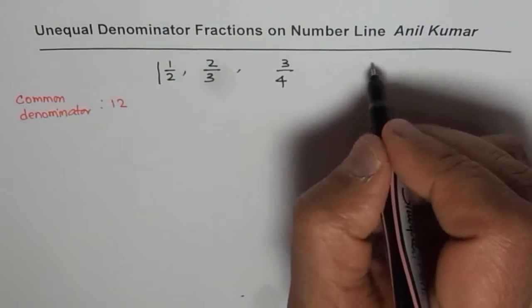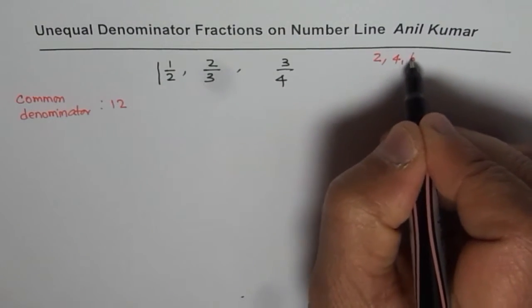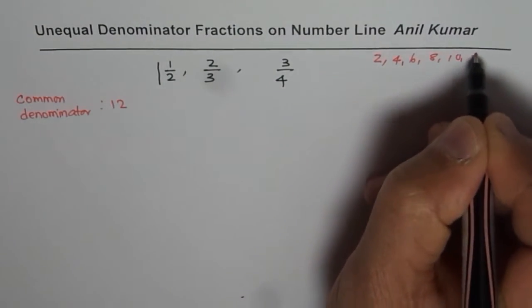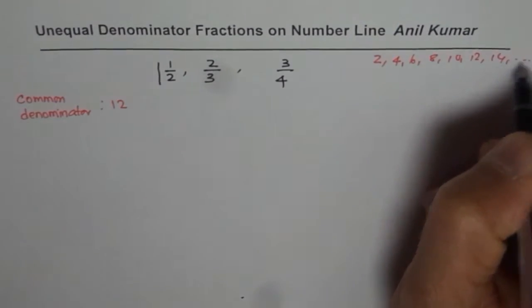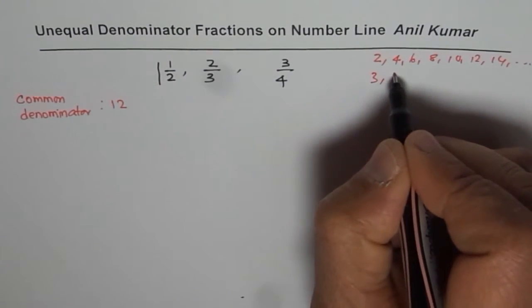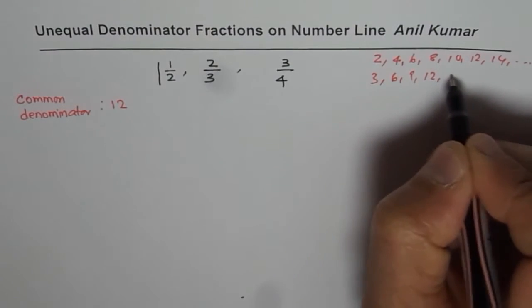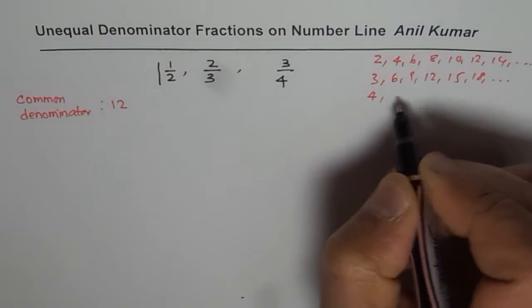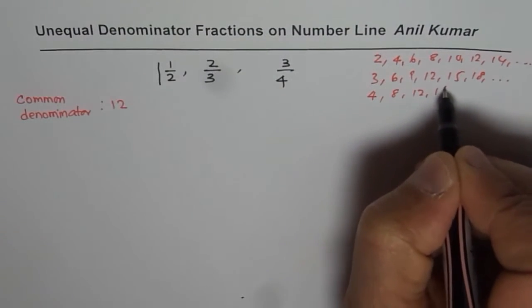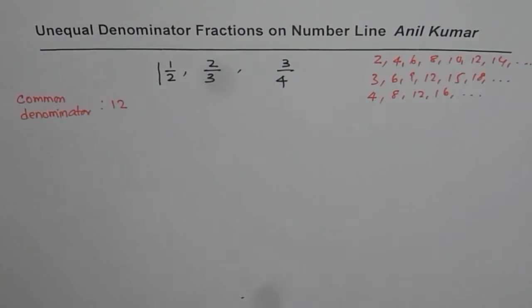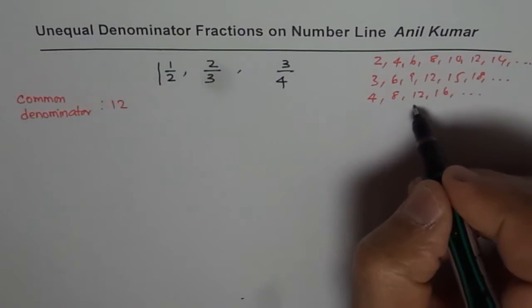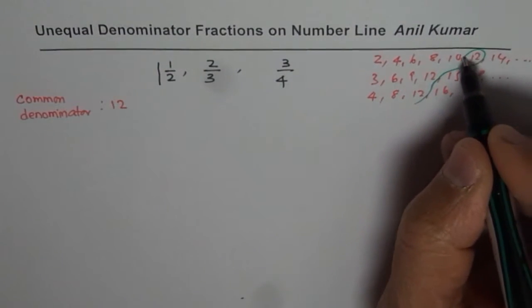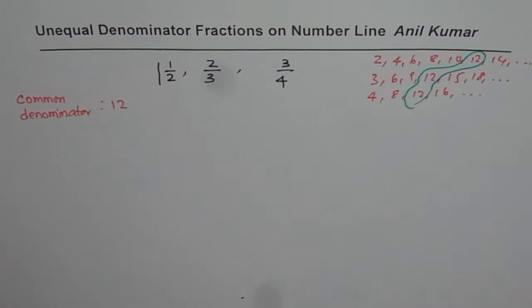Multiples of 2 are 2, 4, 6, 8, 10, 12, 14 and so on. Multiples of 3 are 3, 6, 9, 12, 15, 18 and so on. And multiples of 4 are 4, 8, 12, 16 and so on. Out of these, we find that 12 is common. So 12 is our lowest common denominator.